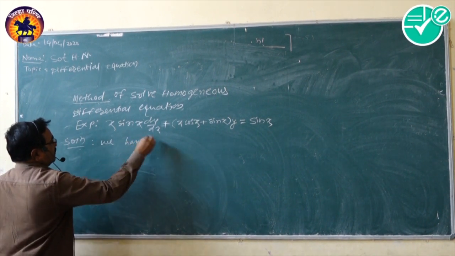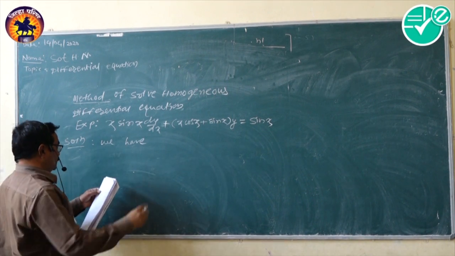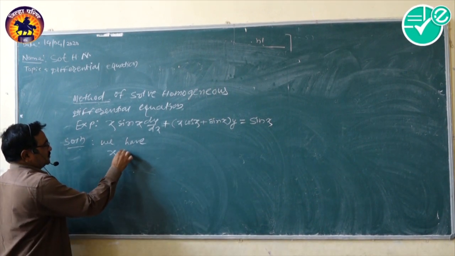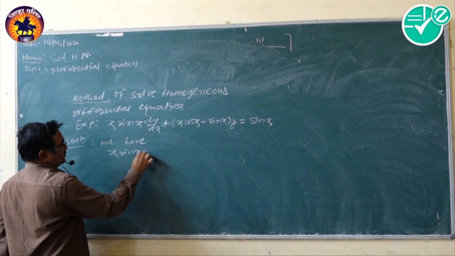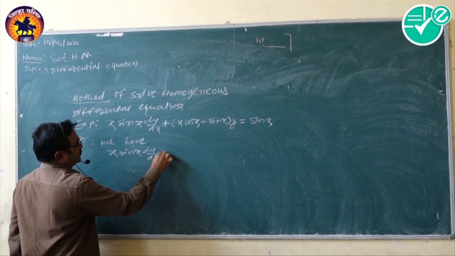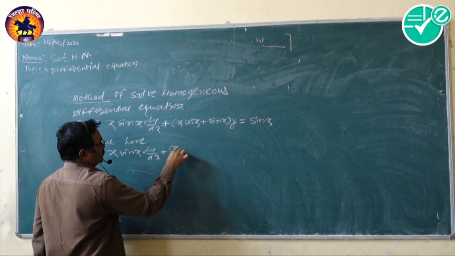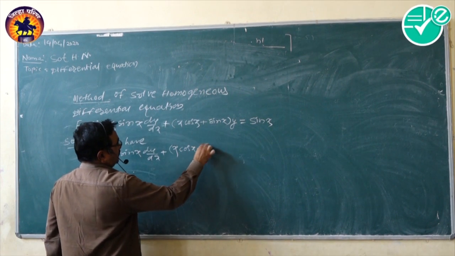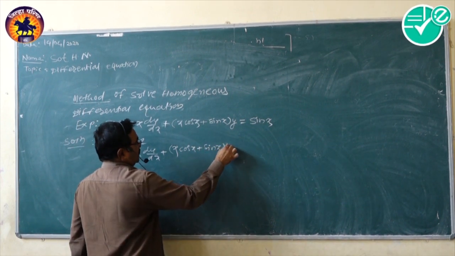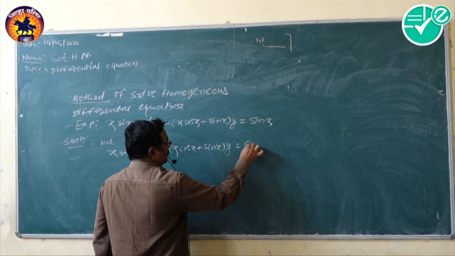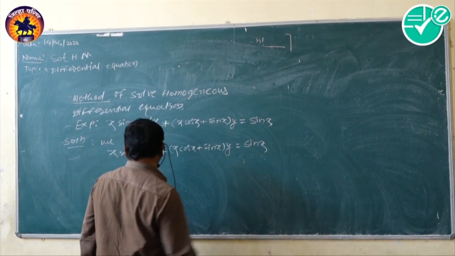We have x sin x dy by dx plus x cos x plus sin x into y equal to sin x.